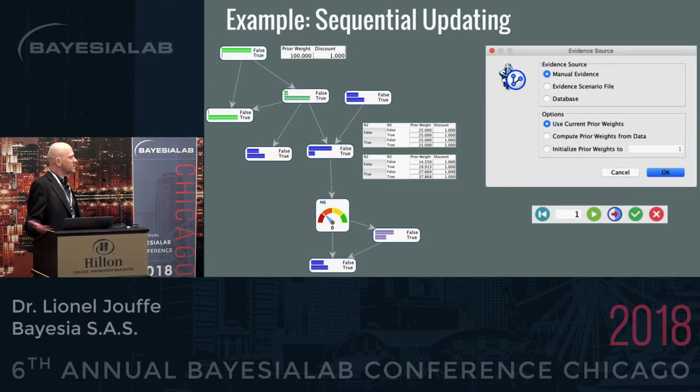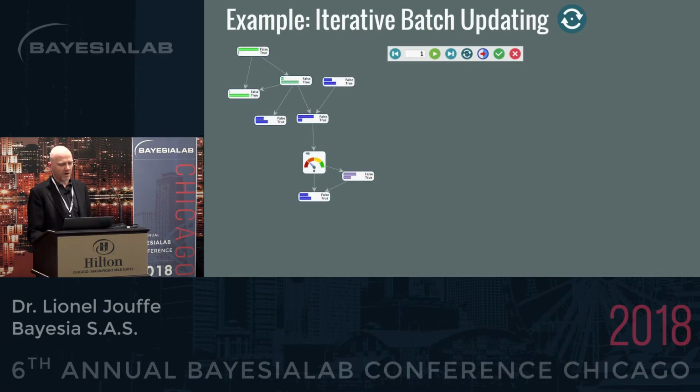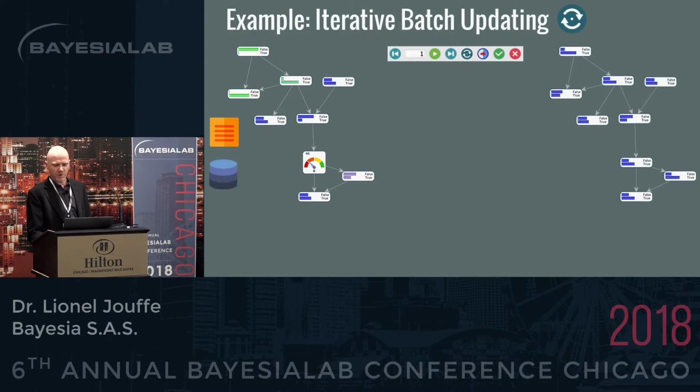So this was a sequential one, and we also have created an iterative batch updating, where instead of doing that for one particle, we are taking into account a set of observations. So either coming from an evidence scenario file or your data set. And then we have, obviously, the Bayesian network we had before, and mixing the particles.